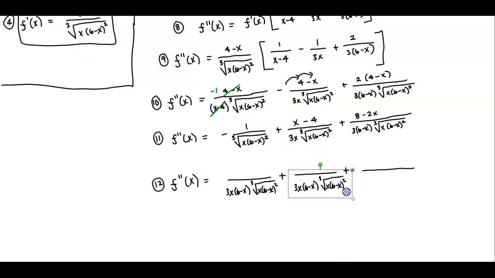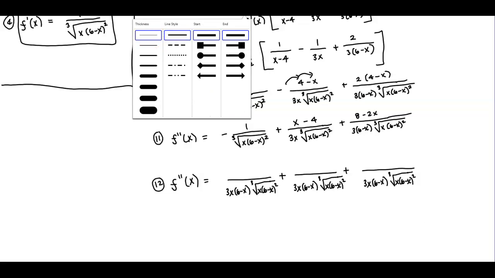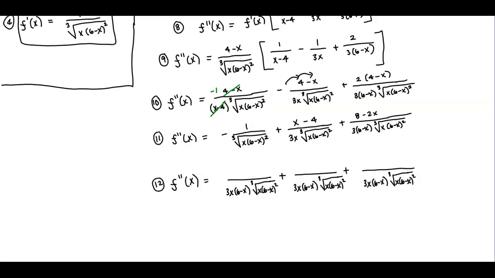So we know that is the common denominator. Now we just need to find out what is missing from one denominator to the next. For the first one, what is missing is 3x times (6 minus x).